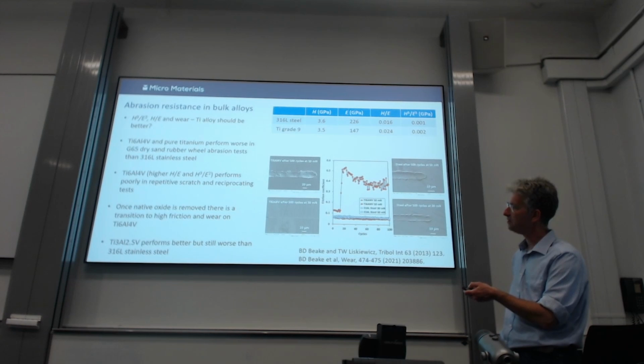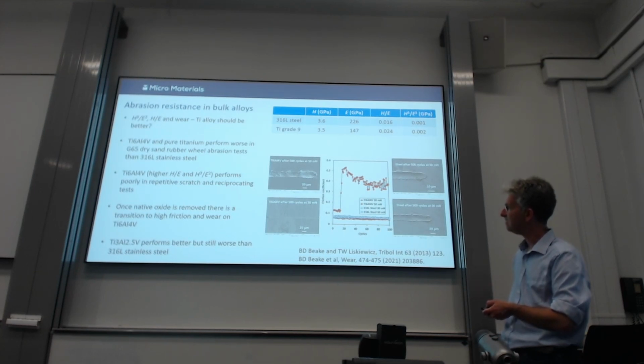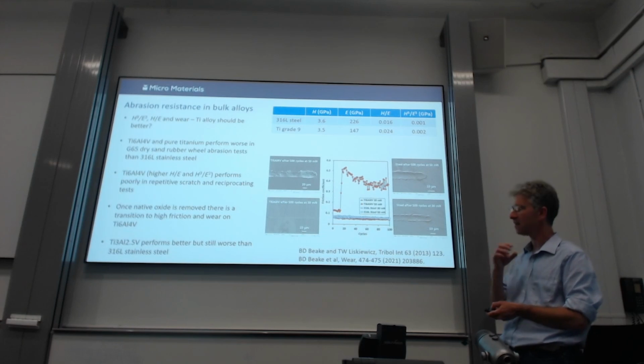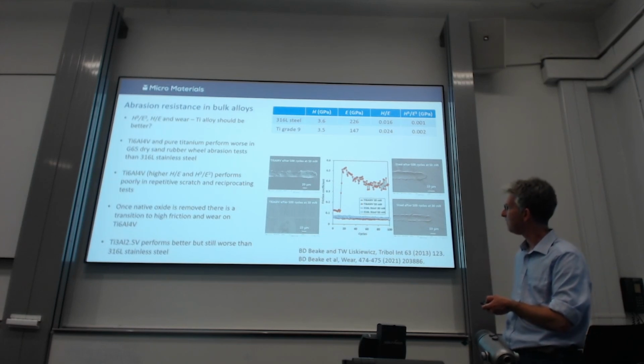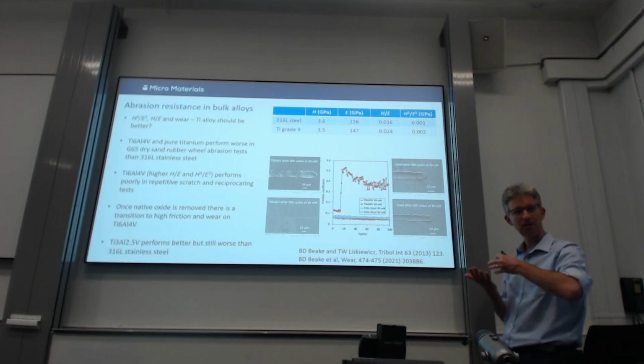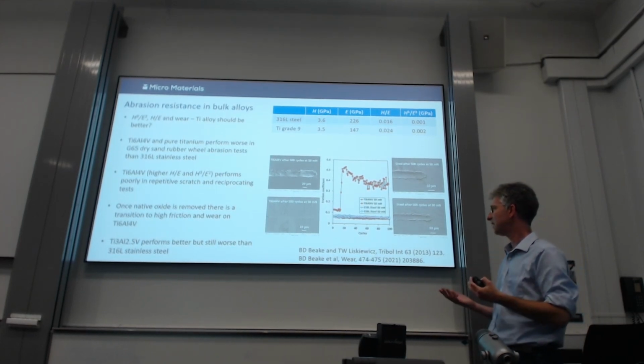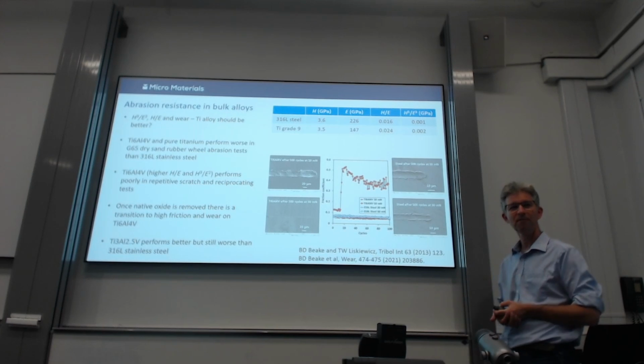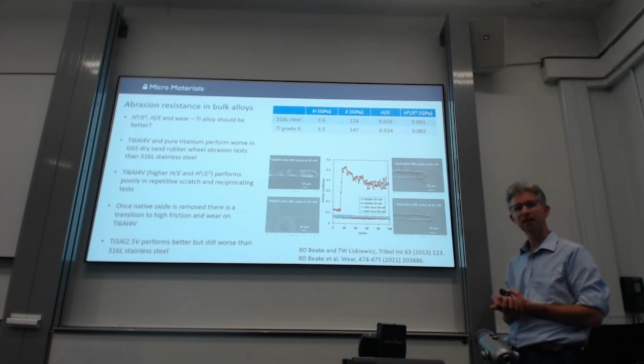Thomas and I, over the years, have spent a lot of time in different types of tribological tests at different length scales, looking at its performance in repetitive scratch tests, in reciprocating tests. And I think we've got to the point where we understand what's going on now, which is that there are native oxides on both alloys in a normal environment, and these are protective against wear.